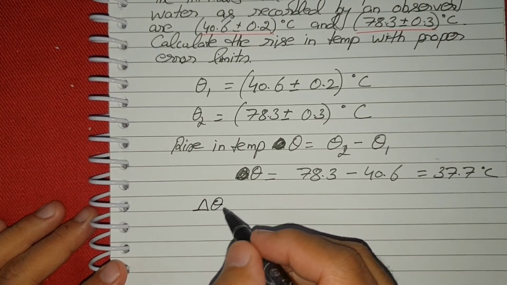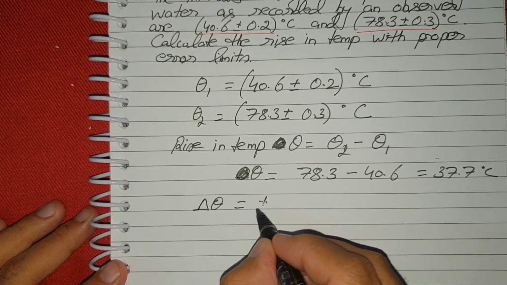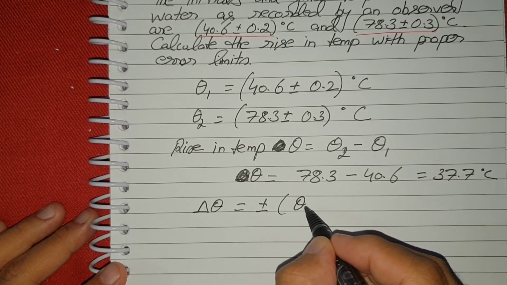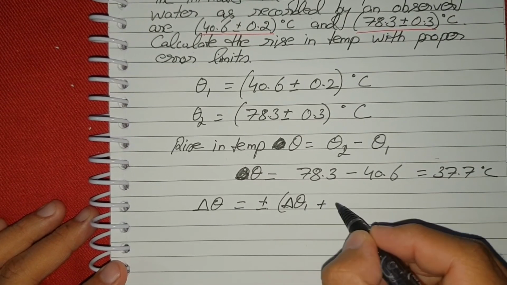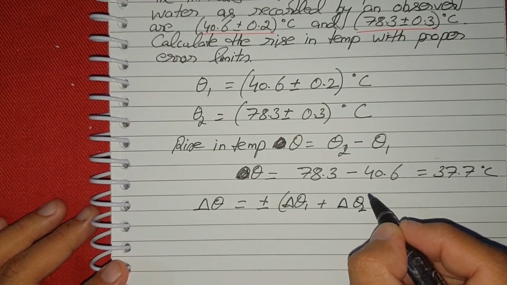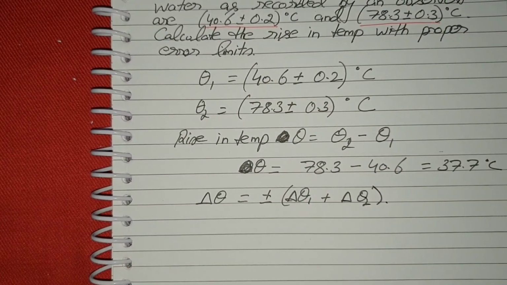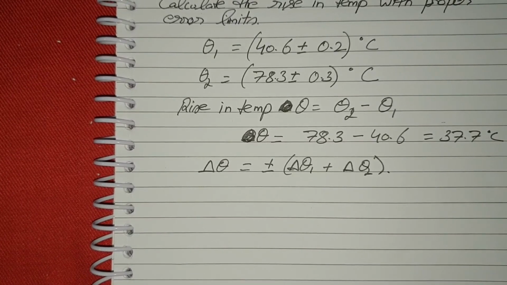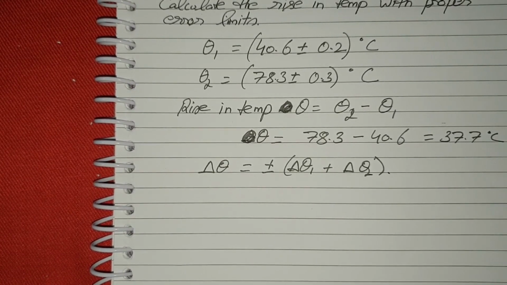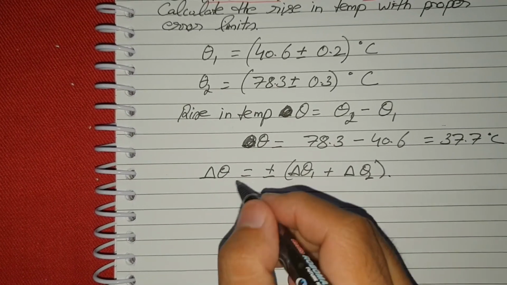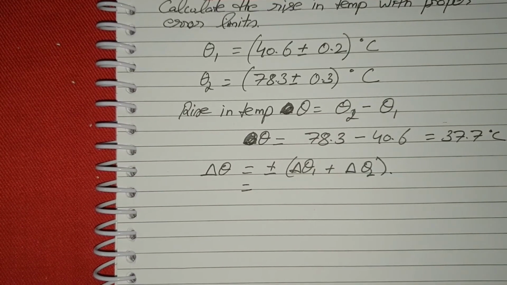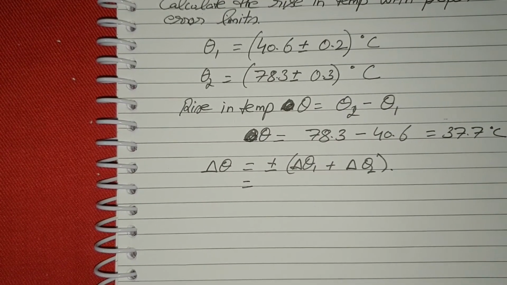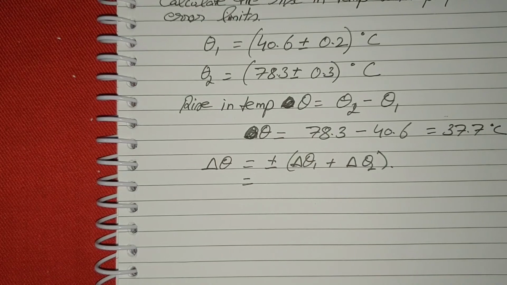Now what will be delta theta? This will be equal to plus minus delta theta 1 plus delta theta 2. I'm sorry for this, because sometimes we use delta to represent the change. That's why I was a bit confused. Okay, so though it's a minus, still, as we have learned in difference also, we add the errors.